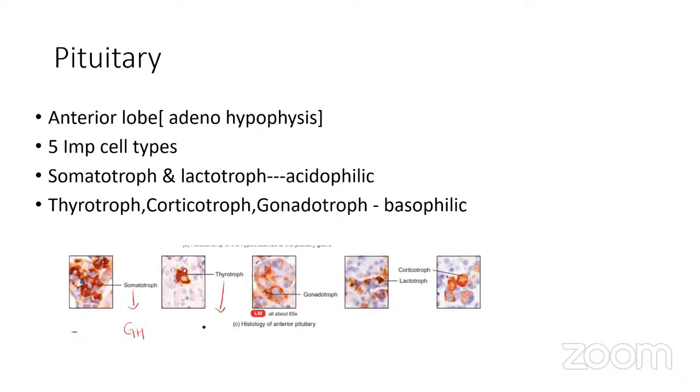Thyrotrope releases TSH. Gonadotropes release FSH and LH. Lactotrope releases prolactin. And corticotrope releases ACTH. Somatotrope and lactotrope are acidophilic. The other cells are basophilic.